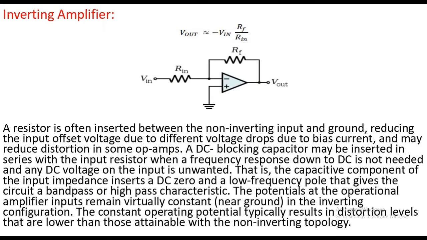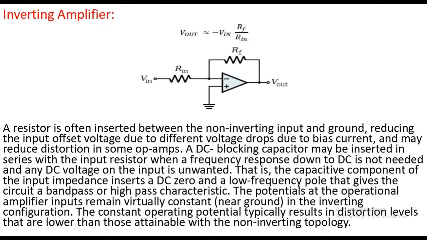This is one kind of differential amplifier, and the other most famous kind is the inverting amplifier. Here what we do is connect a feedback resistance between the two terminals. A resistor is often inserted between the non-inverting input and the ground, reducing the input offset voltage due to different voltage drops due to bias current, and may reduce distortion of some op-amps. A DC blocking capacitor may be inserted in series with the input resistor when a frequency response down to DC is not needed and any DC voltage on the input is unwanted.